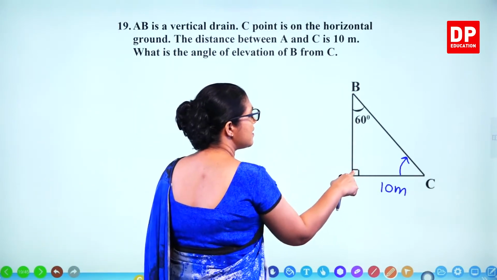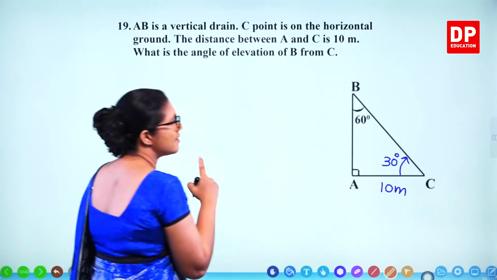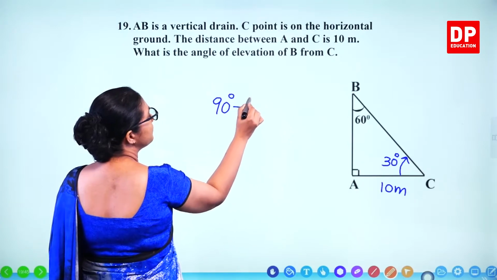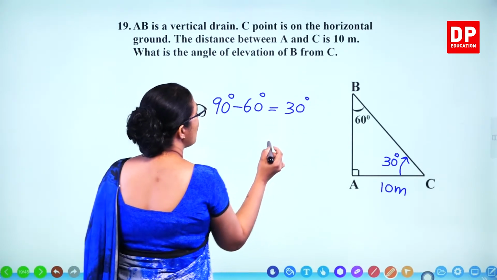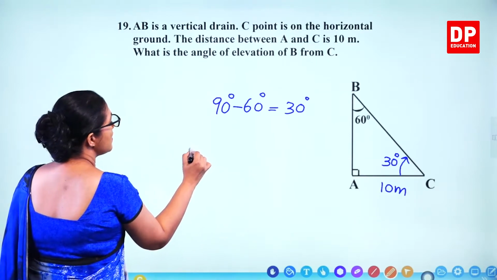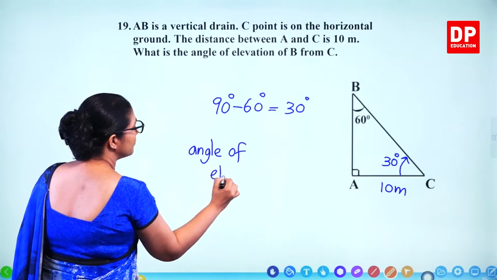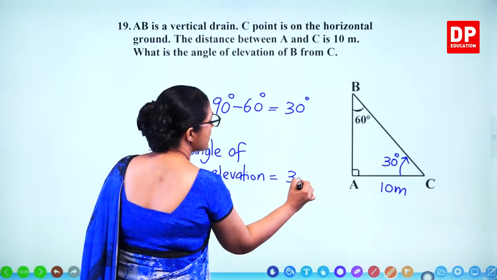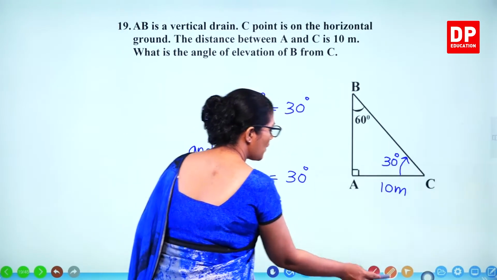If this is 60 and this is 90, what is this angle? This is 30 degrees, 90 minus 60. So the angle of elevation is 30 degrees. So 2 marks for that.